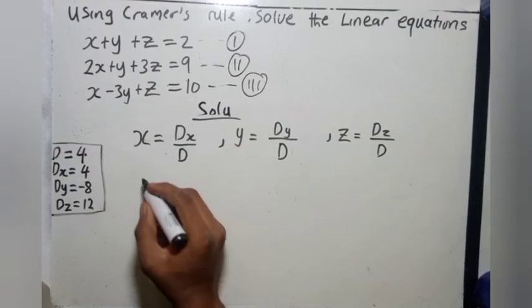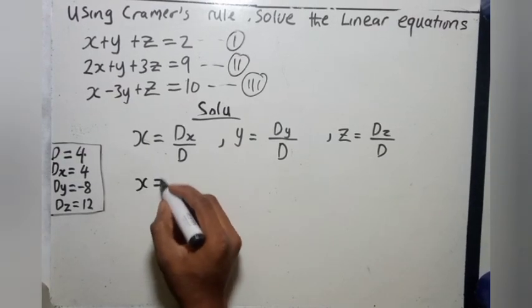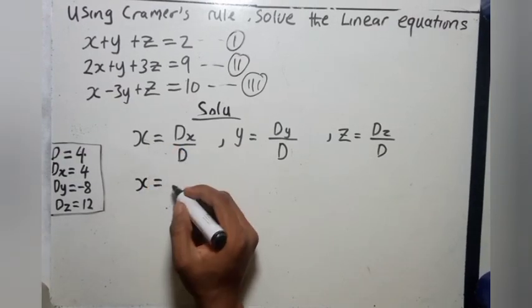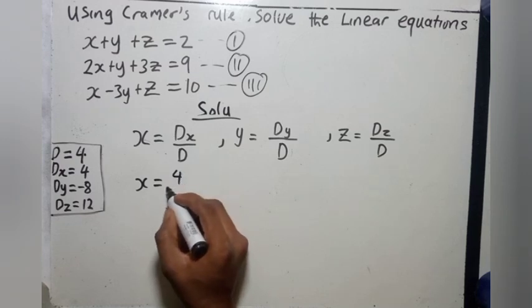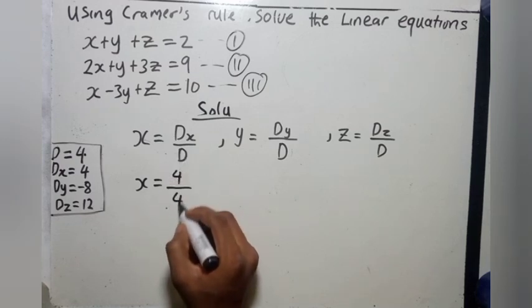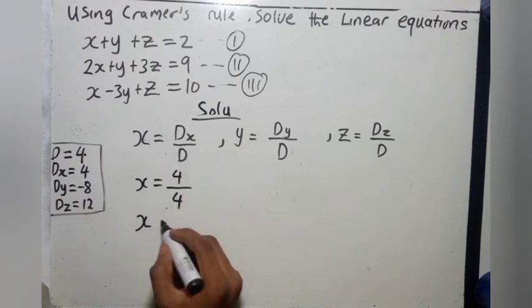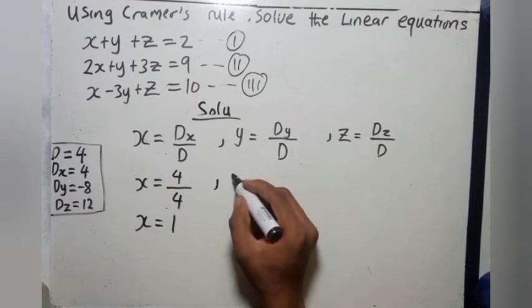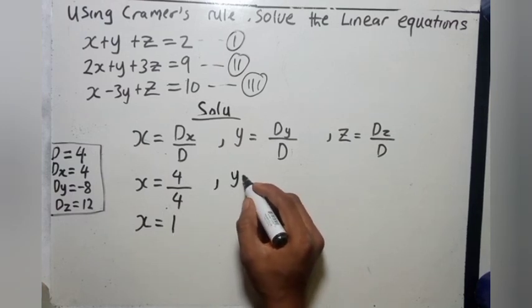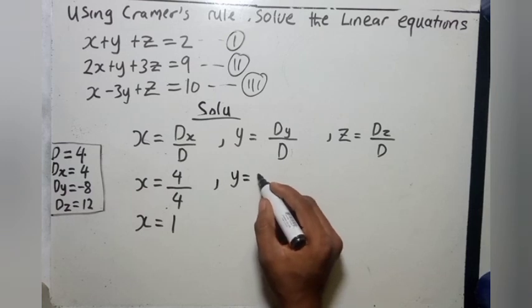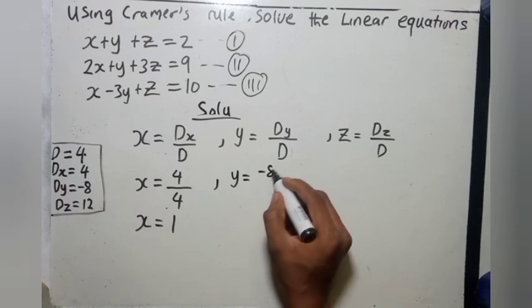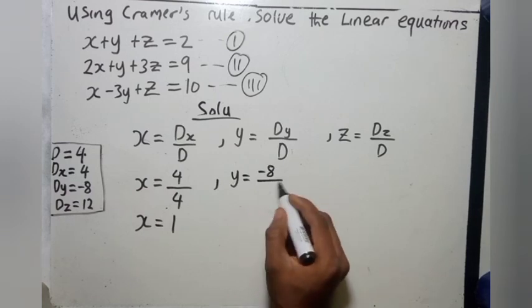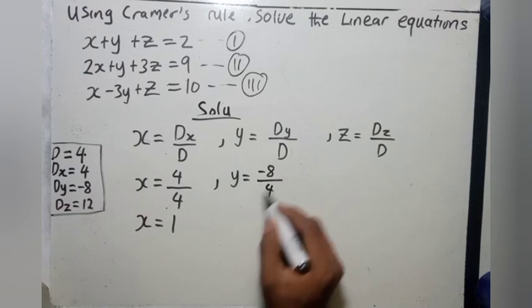Now inputting our values, we have that of our x, dx is what? 4. What is our d? 4. Definitely x will be what? 1. For our y, we have that dy is what? Minus 8. D itself is what? 4.